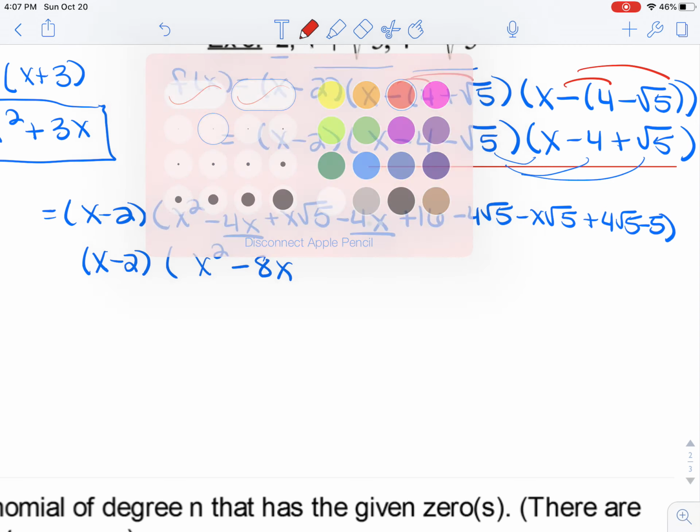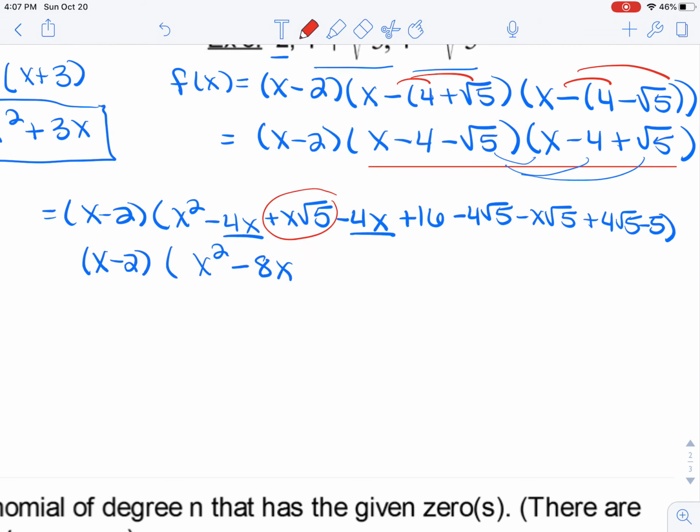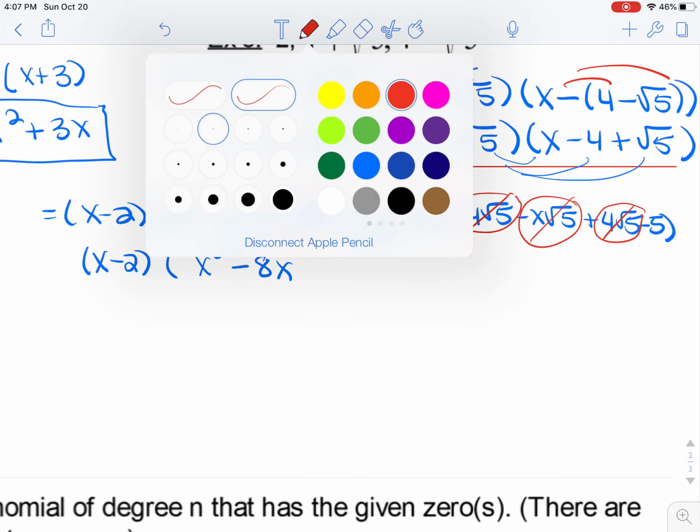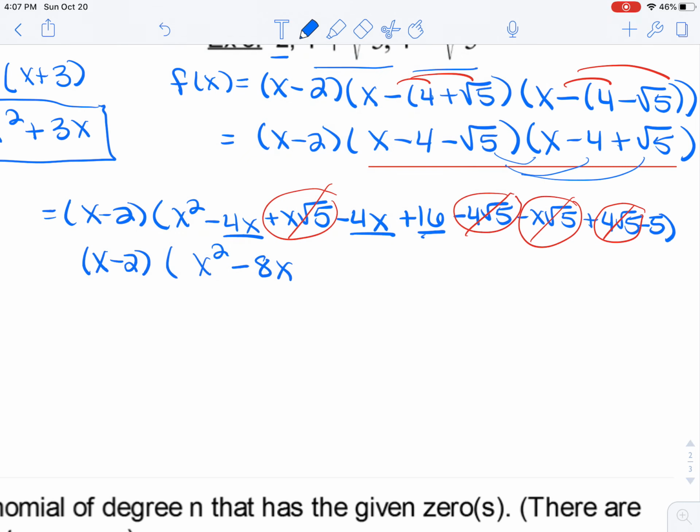If I look, I have a positive x root 5 and a negative, so those are going to cancel. If I look, I get a negative 4 root 5 and a positive, so those will cancel. And so the last term here would just be the constants. So we would say 16 minus 5, so that would give me 11.